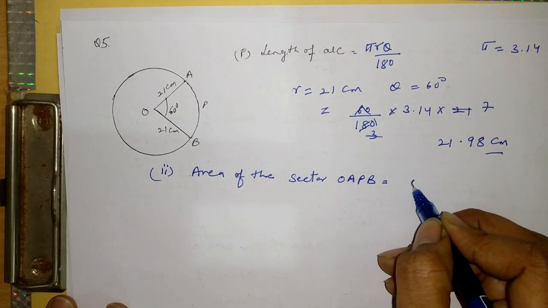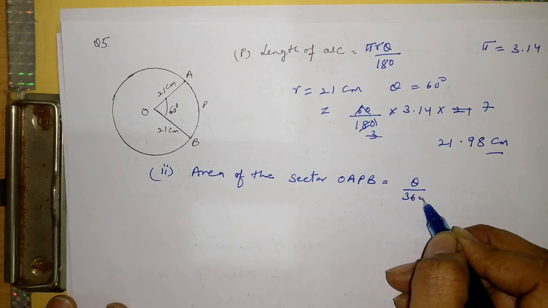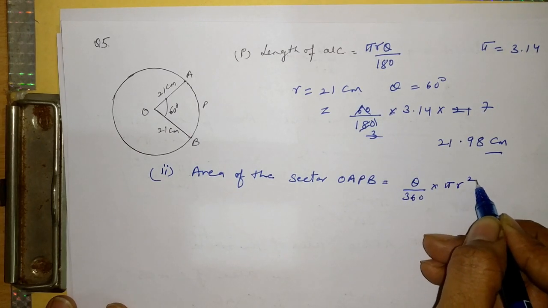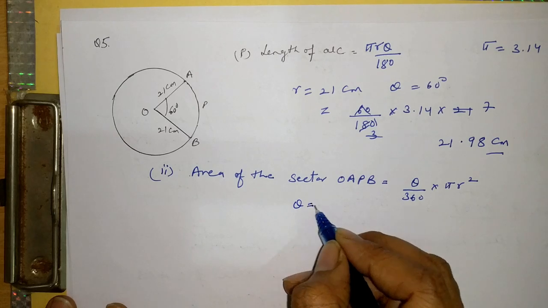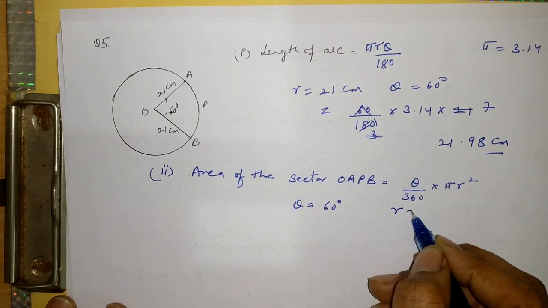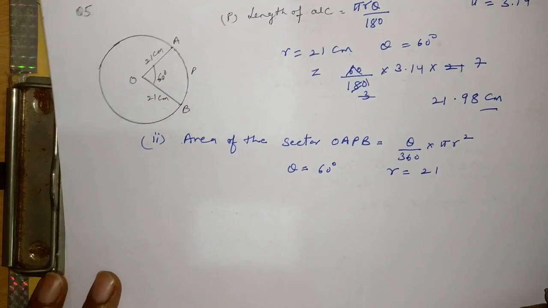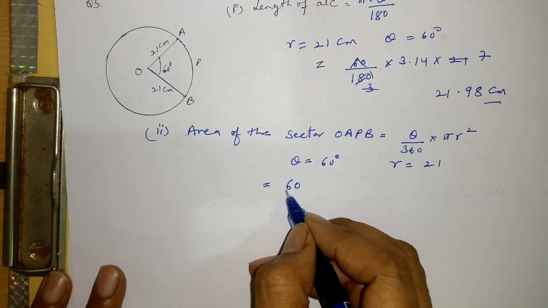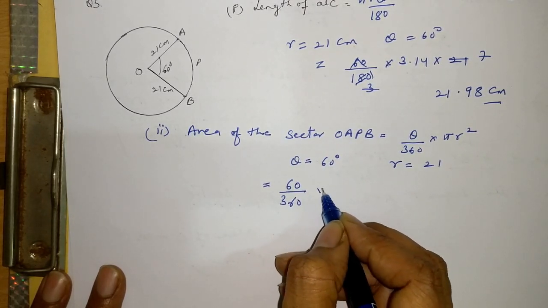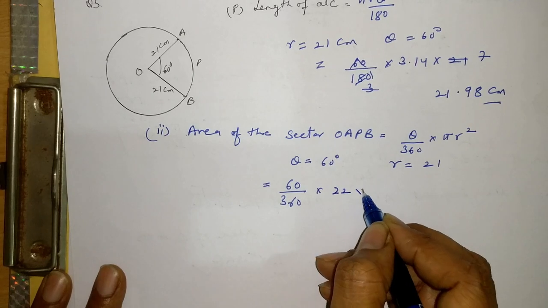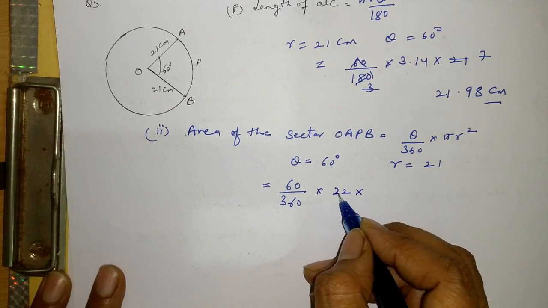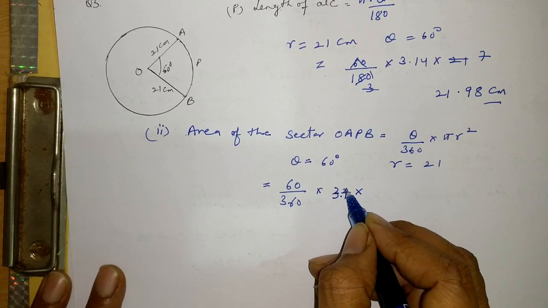The area is theta upon 360 into pi r square. Now theta is equal to 60, r is 21. We'll just put the values, 60 upon 360 into, not 22, this is 3.14 we can put.